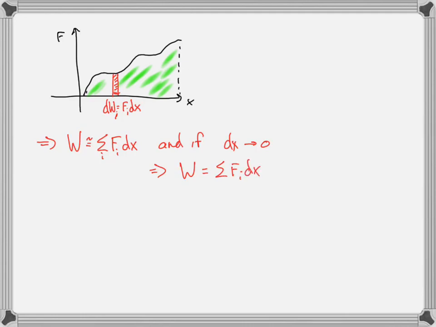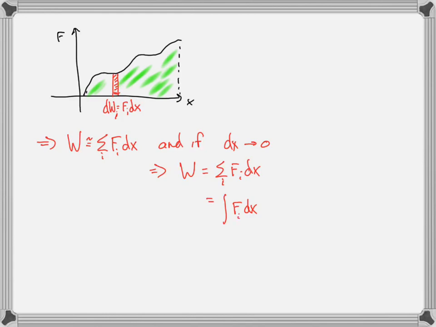But when dx goes to 0, then it's an infinite sum, right? We're going to have an infinite number of these little red slabs. And so that is when we change the sum symbol. This is an infinite sum over infinitesimally small dx's.